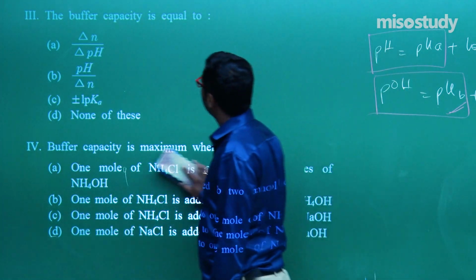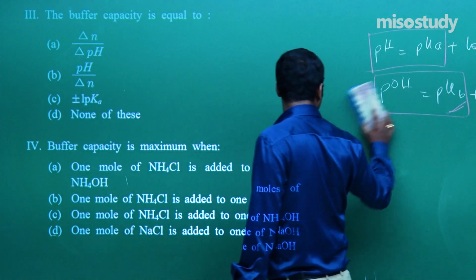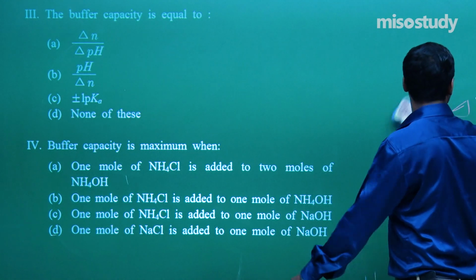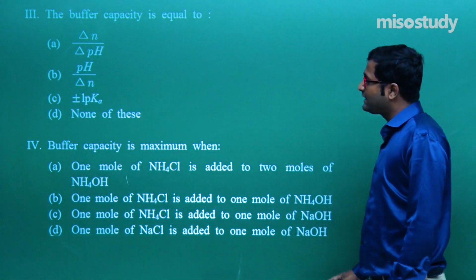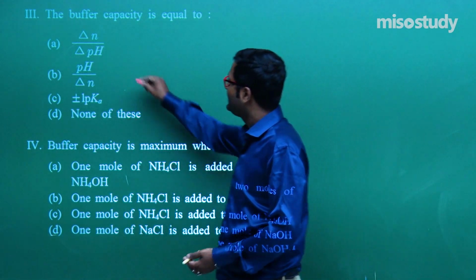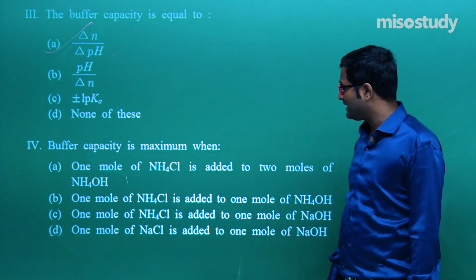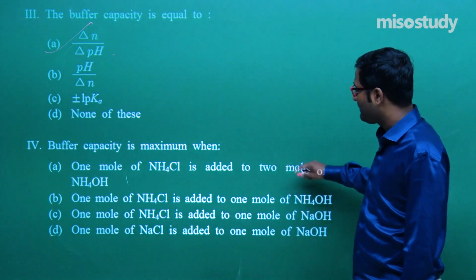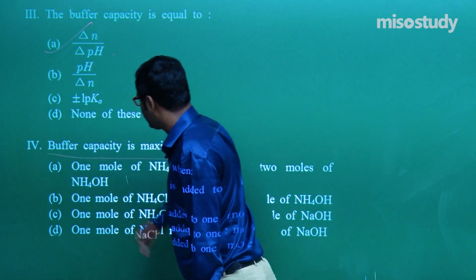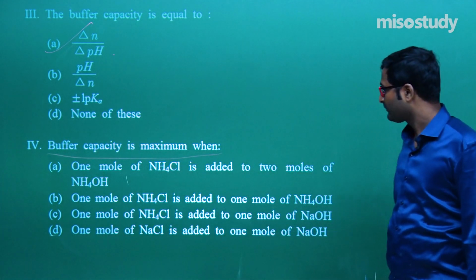As we know, what do you mean by buffer capacity? Buffer capacity is the number of moles of acid or base added per liter upon change in pH. That is this one, delta n upon delta pH. This is a simple general expression. When will the buffer capacity be maximum? Tell me.